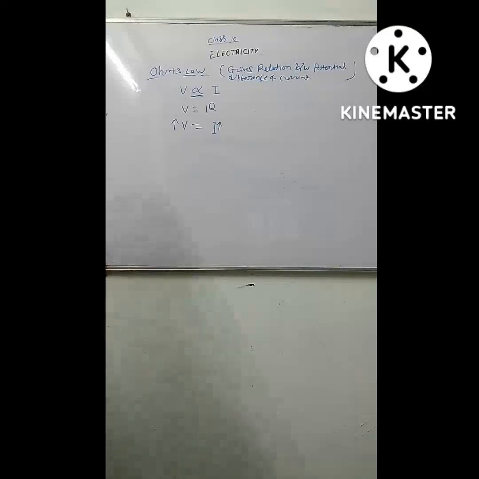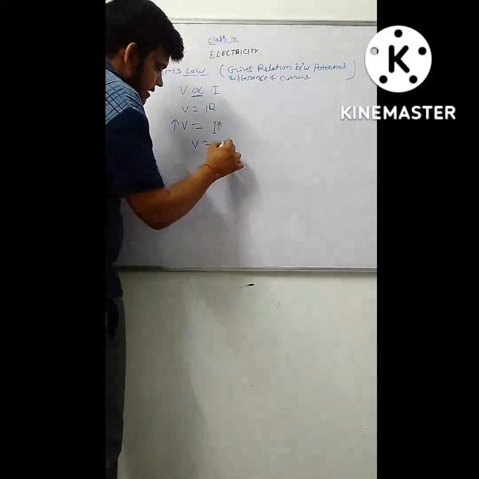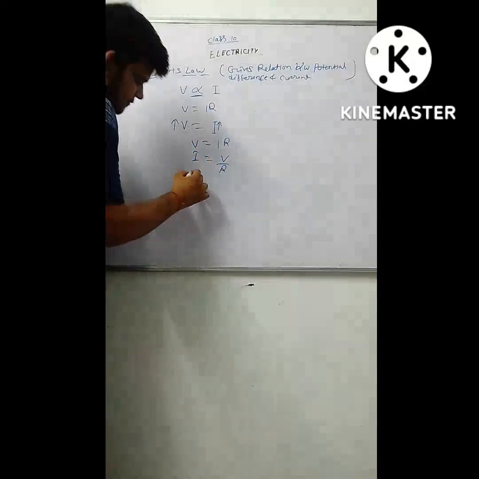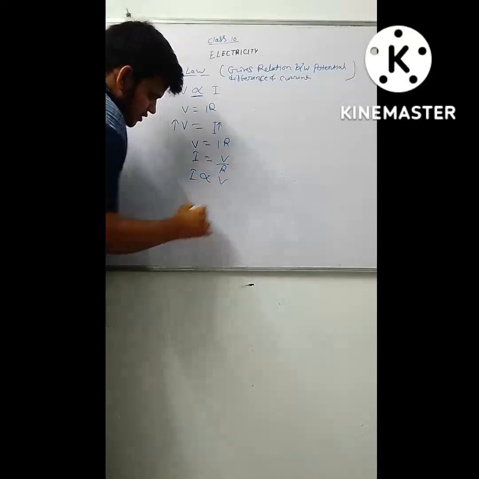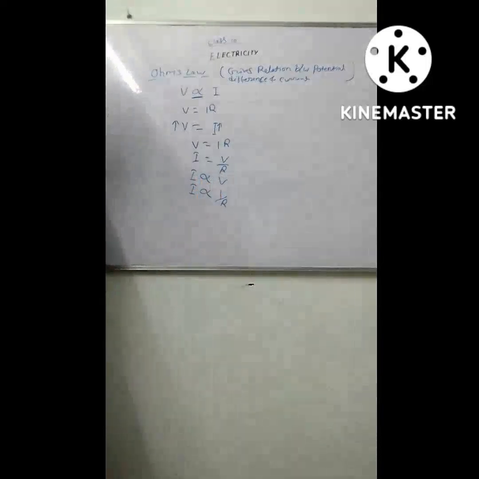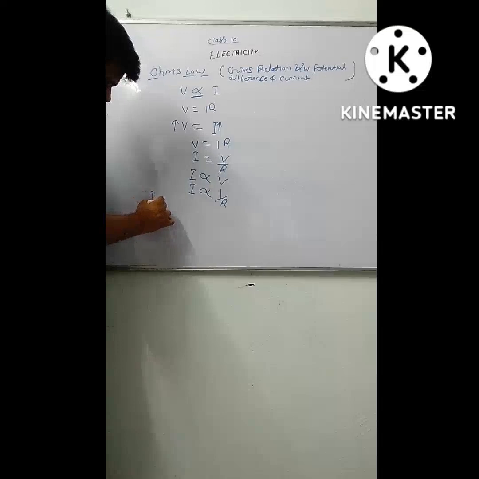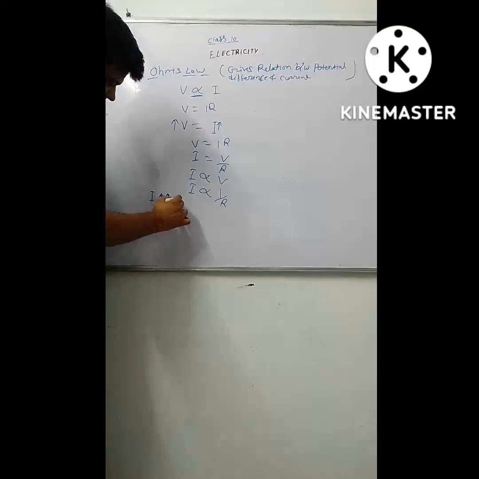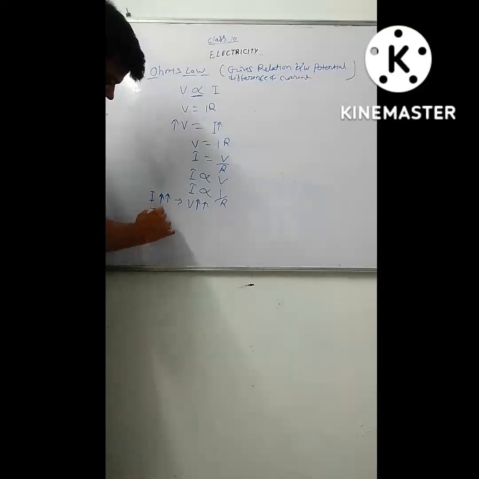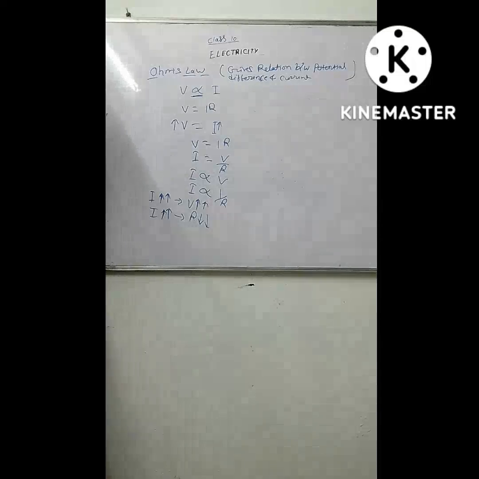And as we say V equal to IR, we can also say I equal to V by R, and from here we see I is directly proportional to V, and I is directly proportional to 1 by R. So as V increases, I increases, but as I increases, R decreases. This is the relation that Ohm's law gives to us.